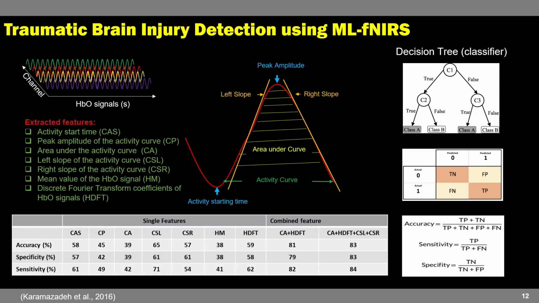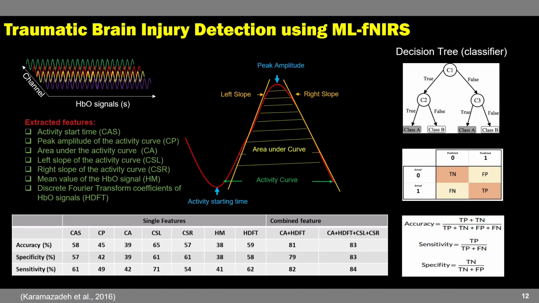Besides this confusion matrix, we can calculate the accuracy, sensitivity, and specificity. On the left you can see they get different accuracy using different features. That depends on how well the feature can distinguish the patients and healthy control.